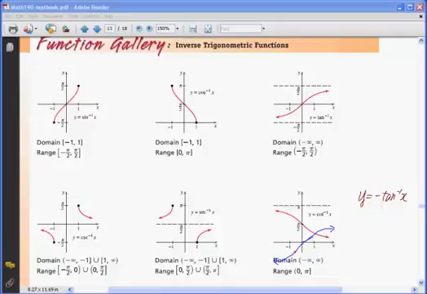Right, now let's reflect this about the x-axis, then we get a graph like this. So this is the graph of y equal to negative inverse tangent of x.